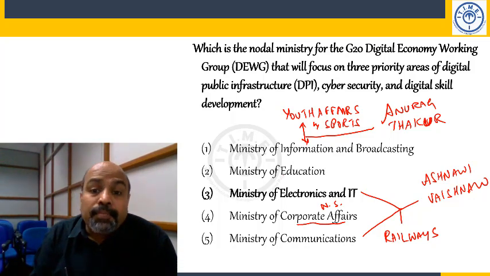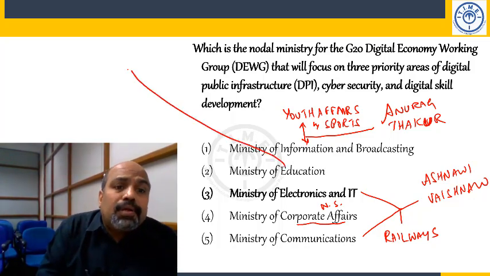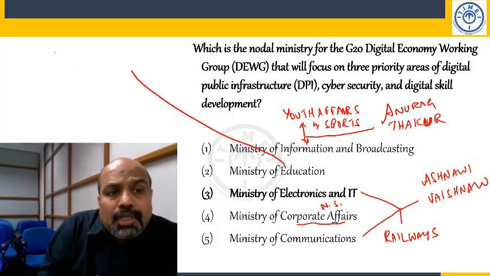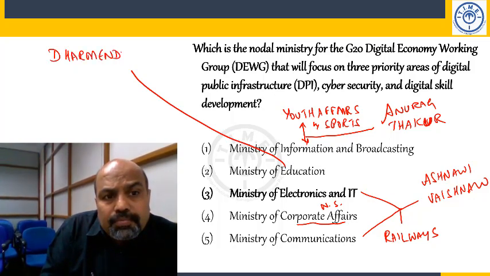Minister of Education is Dharmendra Pradhan.